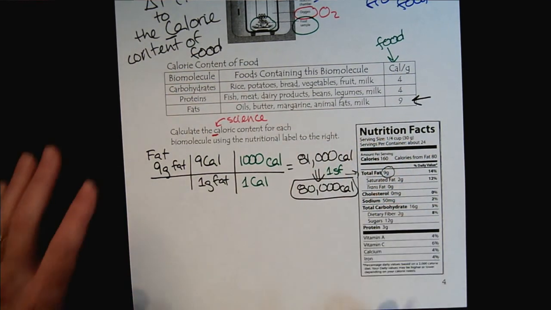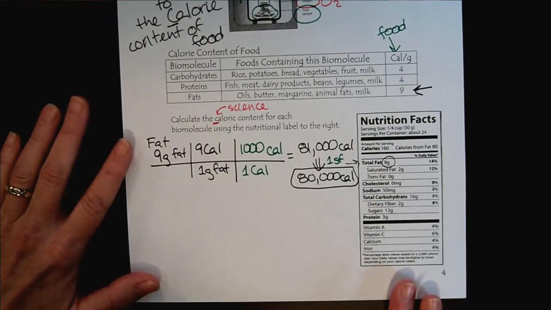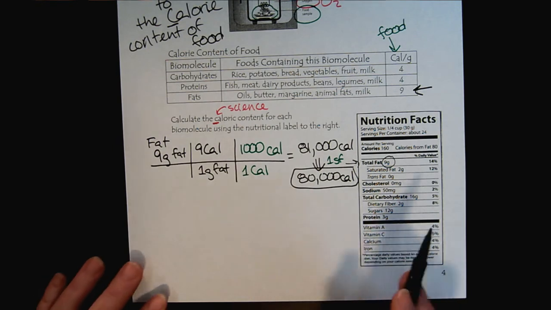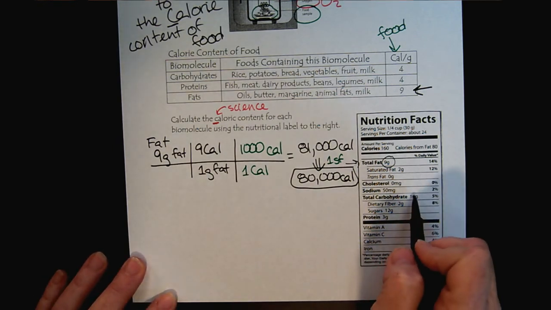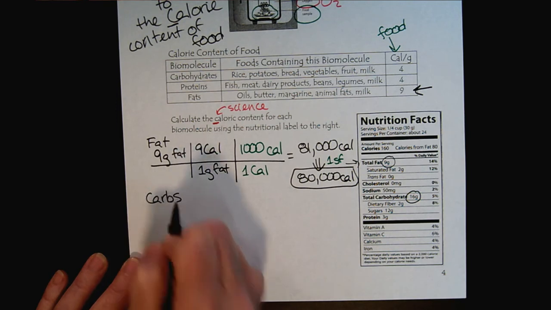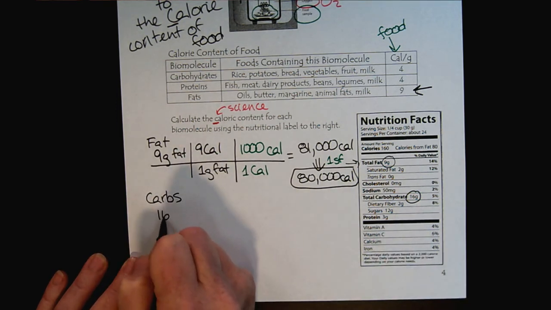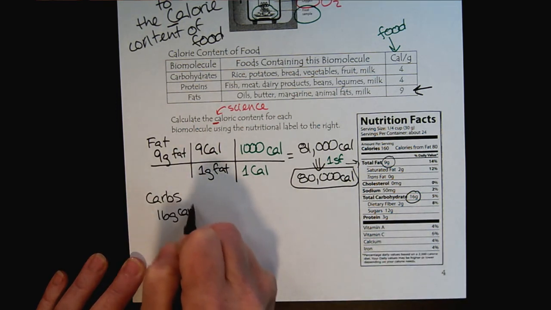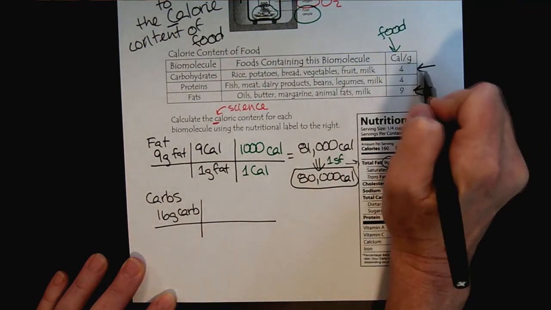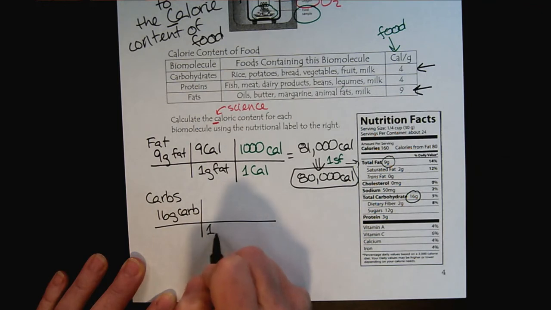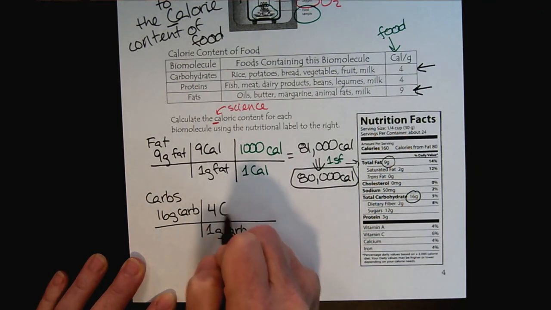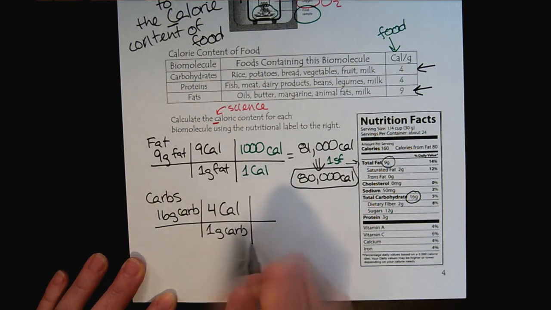And now we'll repeat this process 2 more times. Let's see what's next on our label. We have carbohydrates here, so we'll go ahead and do the carbs. So we would have 16 grams of carbohydrates. And then our chart tells us that for every gram of carbohydrates, we will receive 4 calories of energy.